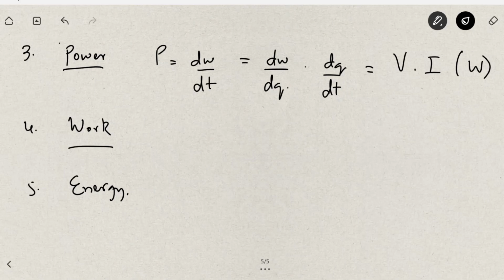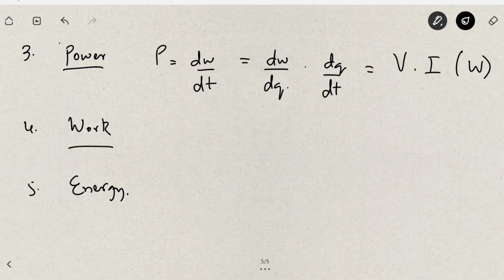Any element in an electrical circuit, be it an active element or a passive element. An active element will be supplying power, though it can also be consuming power at sometimes. A passive element will similarly be a sink of power, and it may also be supplying power in some instances. Again, we will learn these things in more detail.